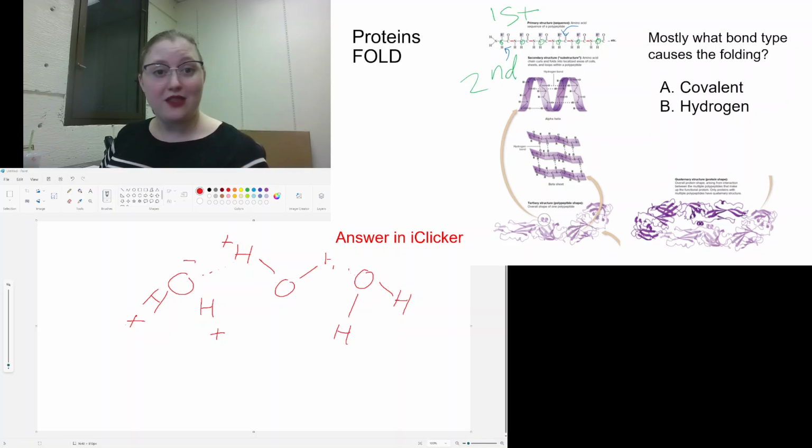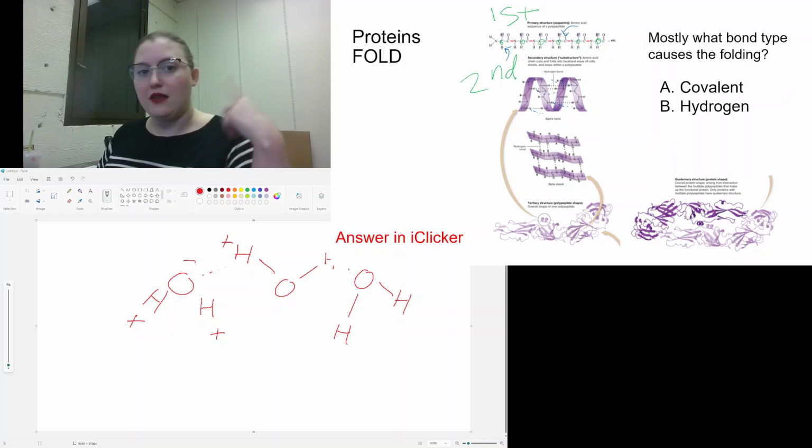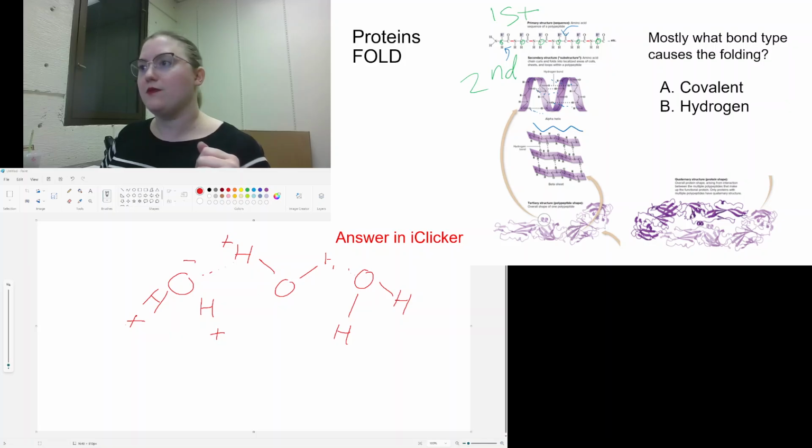And do you think that those bonds are going to form in other contexts? They are. Oxygen always acts like oxygen. Hydrogen is going to act like hydrogen. So we end up with hydrogen bonds. And those hydrogen bonds produce these helices or these little zigzags. And that's our secondary structure.